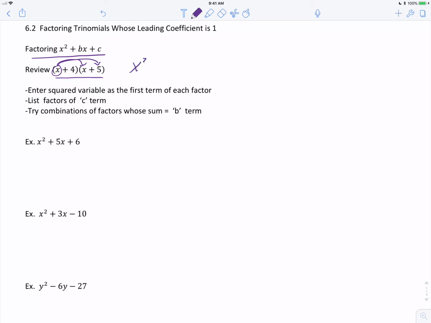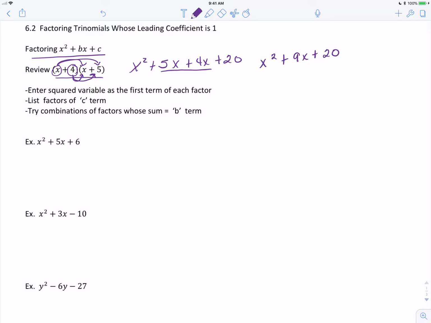So that gave us x squared plus the 5x. Then we took the second term in that first binomial and multiplied it by everything. And sometimes we could join those two middle terms together, giving us x squared plus 9x plus 20.